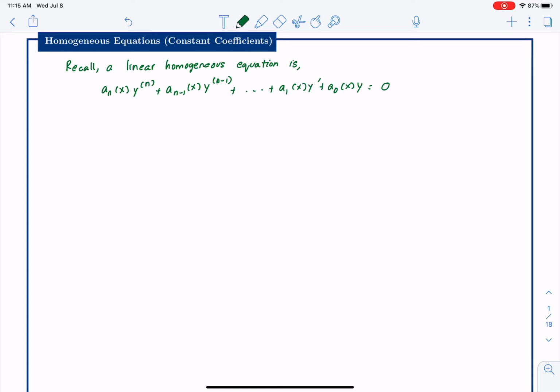It is key to note that the right-hand side has to be 0, or else the equation is a non-homogeneous equation. So what is a linear homogeneous equation with constant coefficients?